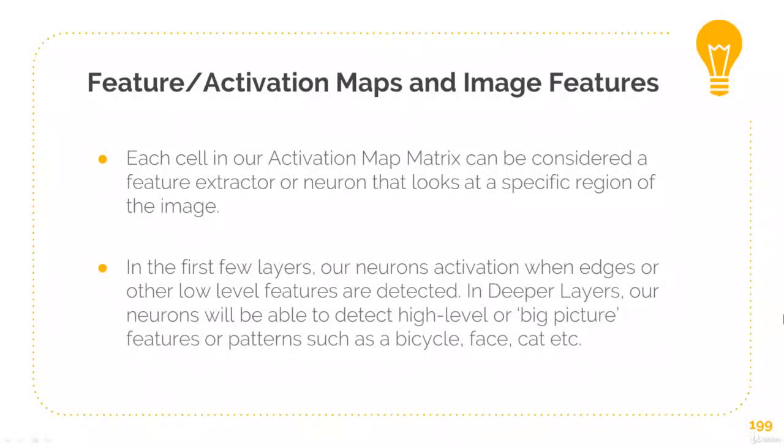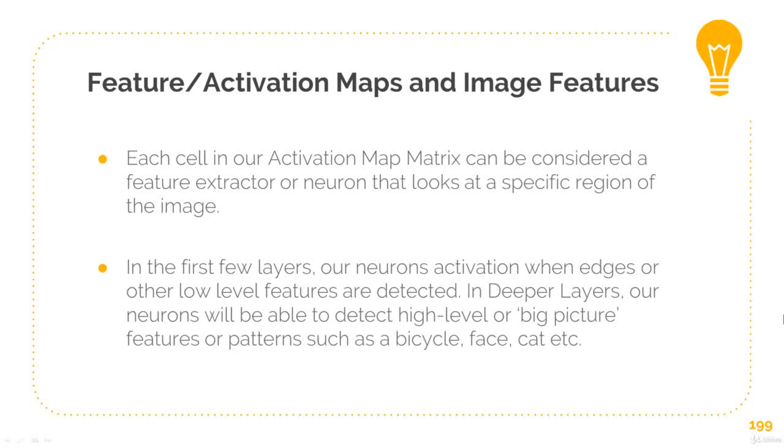Each cell, meaning each 1x1 point in our activation map matrix, is considered basically a feature extractor or a single neuron. And that single neuron is looking at a specific feature as it slides over the image. So if we have a feature map of say 28x28 like we just did, each neuron, each cell, activates depending on what it sees in the image.